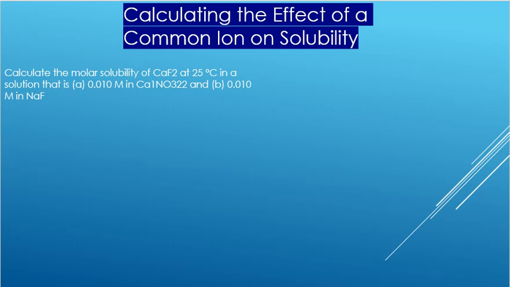So in this case, the question is saying we calculate the molar solubility of calcium fluorine at 25 degrees Celsius in a solution that is 0.01 molar of calcium nitrate. This is what I was talking about. So sometimes they will ask you to calculate the molar solubility of a particular molecule, but then you know that they've given you this. Okay? So the first thing to do, we use the same concept.